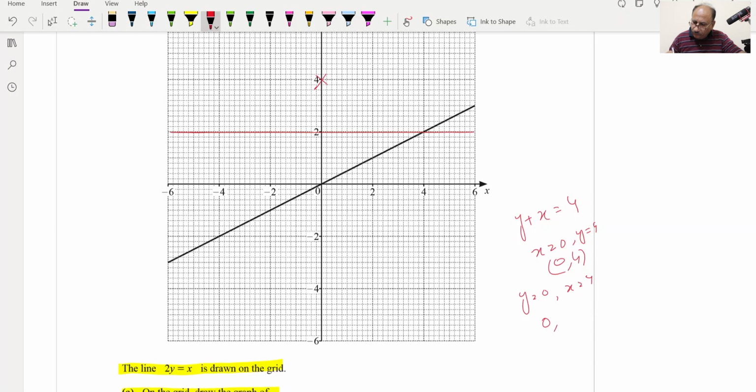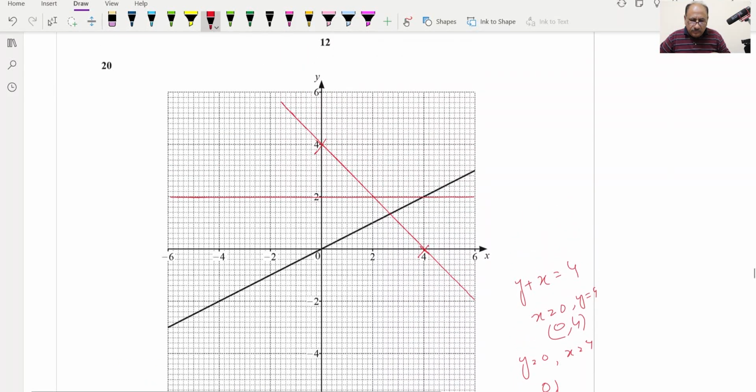So 4 and 0 will be the other point. So 4 and 0 will be this point, and we can join these 2 points and draw the line like this one, and we can extend it up to the edge of the graph.